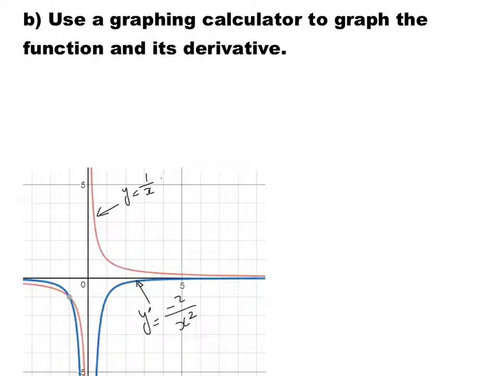We can see that for the function y equal 1 over x, the domain is the real numbers except x equal to 0, which is the y-axis, and the derivative is also defined for real numbers except x cannot be equal to 0, again the y-axis.